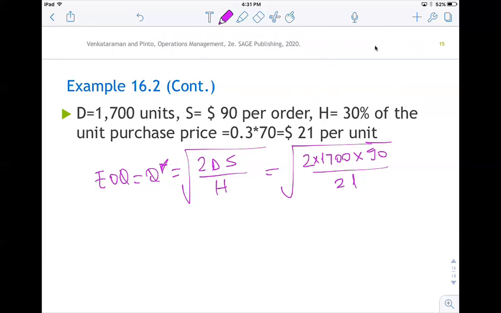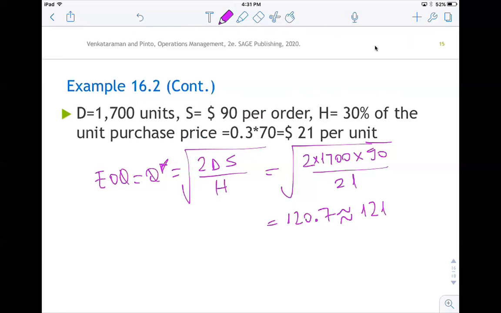In this case, the holding cost was given to us as the 30% of the purchase price. And questions might be structured in this way. And if you do the math, you would get 120.7. And of course, you cannot really order fractional number of coffee makers. So I will round this up to 121.